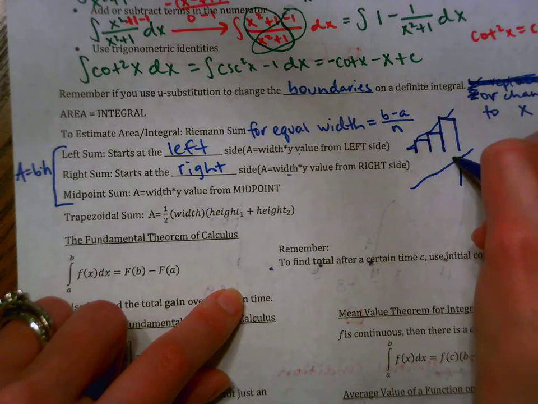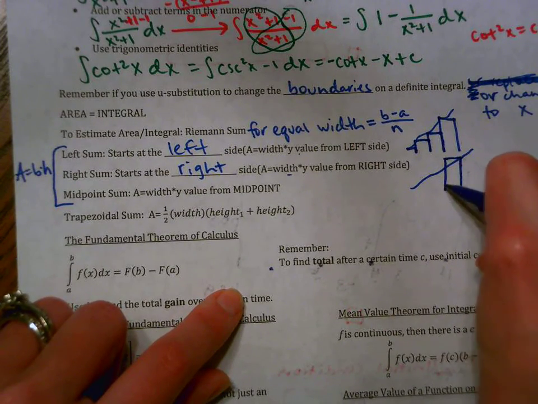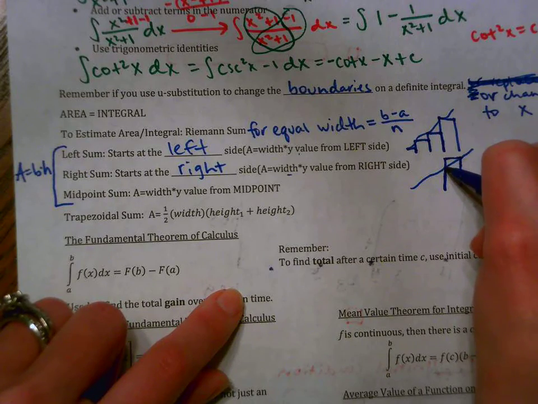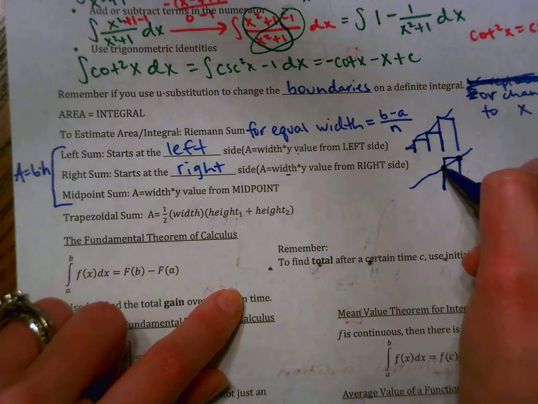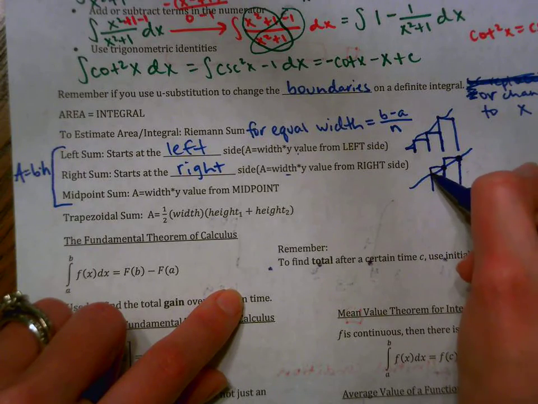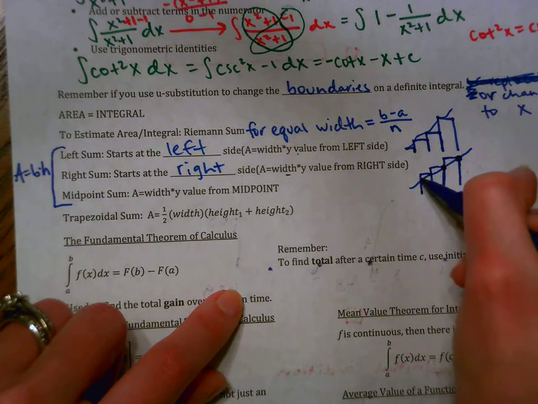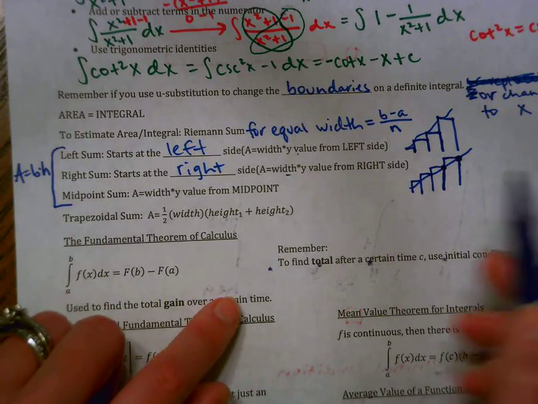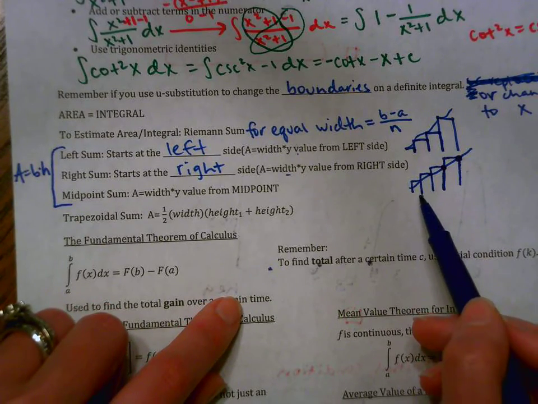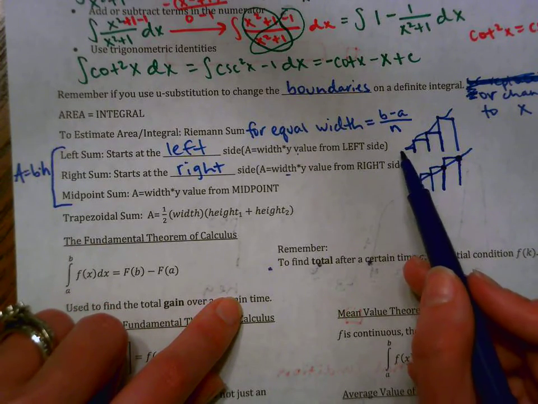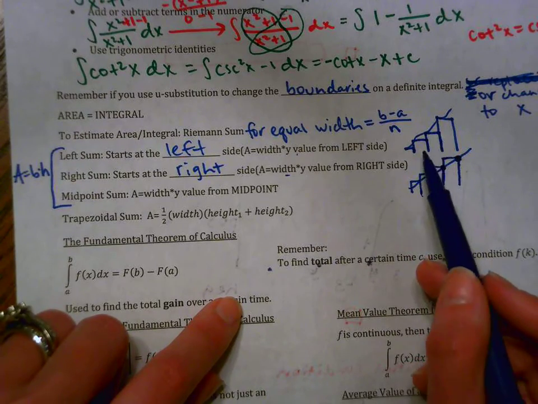And I'd go straight over my width all the way down up to where that y value hits. So you notice I'm using these y values. Over, down, over, down, over, down. So I use the y value for the right side of the rectangle. Here I use the y value on the left side of the rectangle.